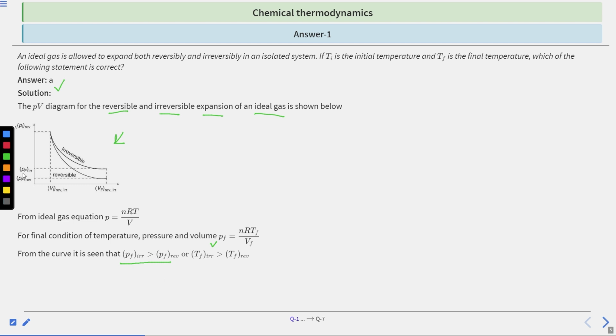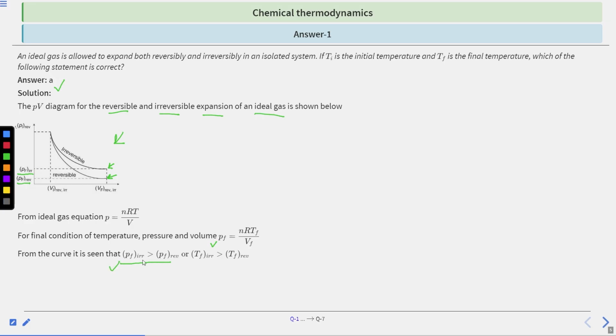We can see in the diagram that P final of the irreversible process, that is this one, is greater than P final of the reversible, which is this one. So P at the final state for the irreversible process is here, and P at final for the reversible process is here. Of course, for the irreversible process P final is greater than P final of the reversible.